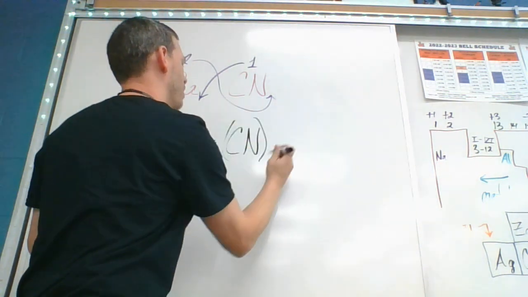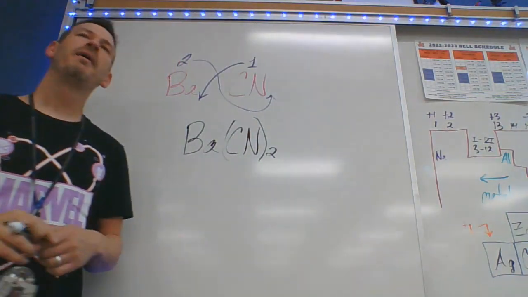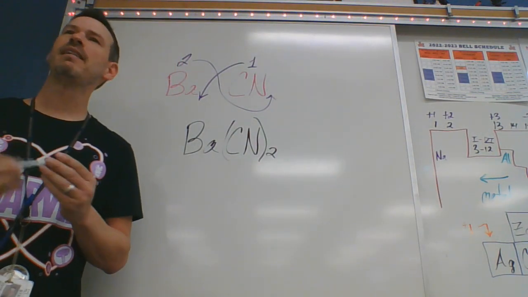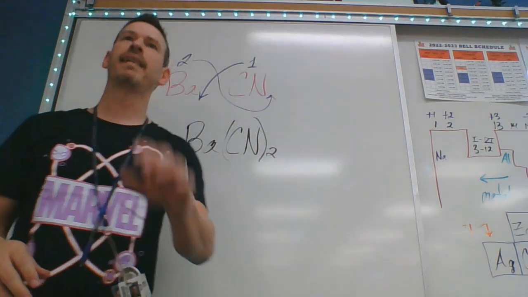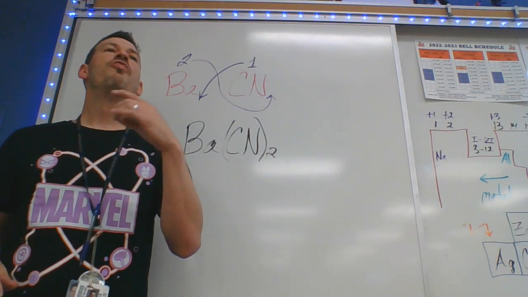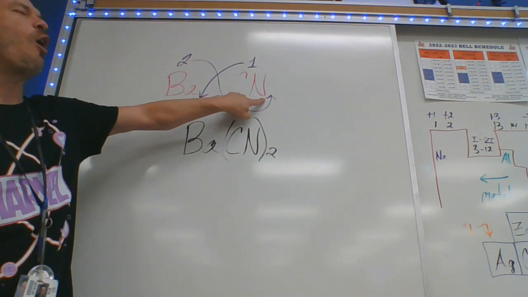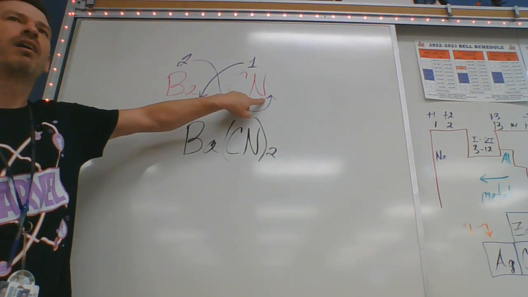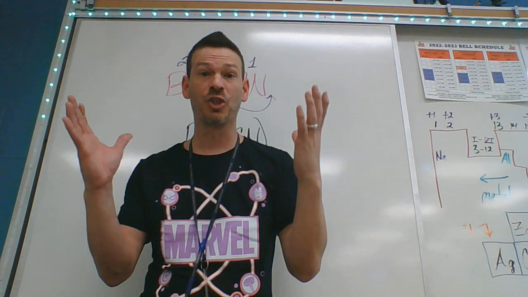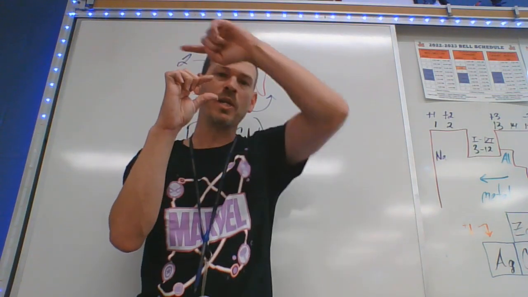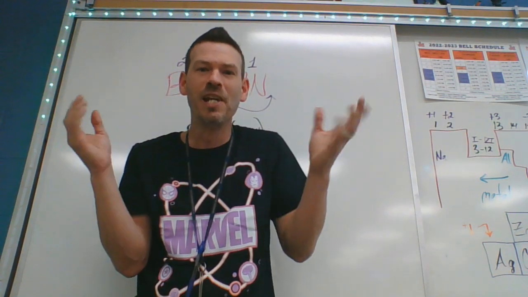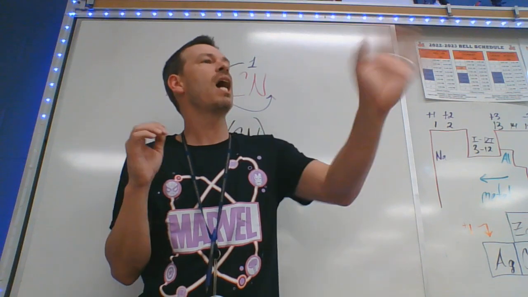Do you see how some of y'all missed the parentheses? Some of you didn't think you needed parentheses. The reason the parentheses are less obvious here is that there wasn't already a subscript there, right? In the previous example, sulfate was SO4. So when you tried to cross a number to them, you're like, but there's already a number there. But that's not what the rule says.